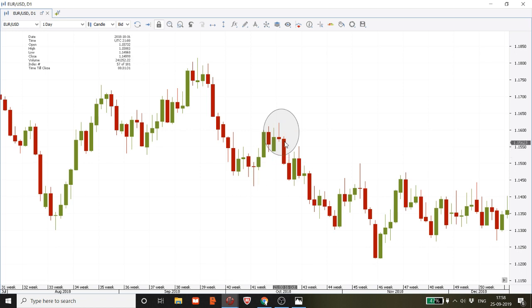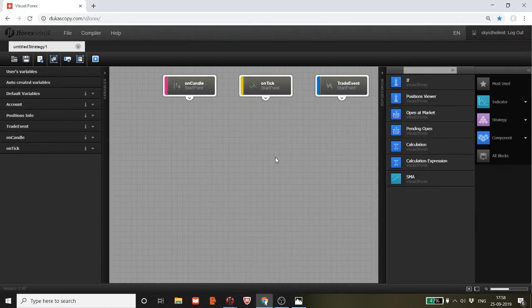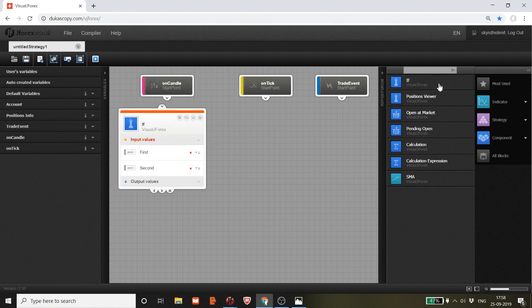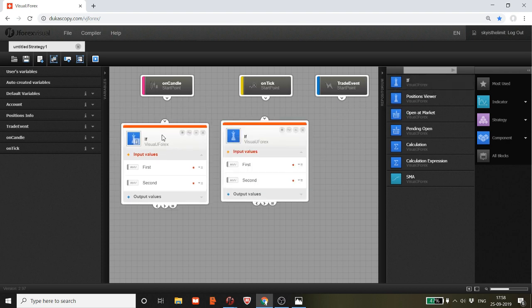So if this candle gets formed on the daily chart, the strategy should execute a sell trade. So let's start in Visual J Forex. First I will define the positions, then the time period.